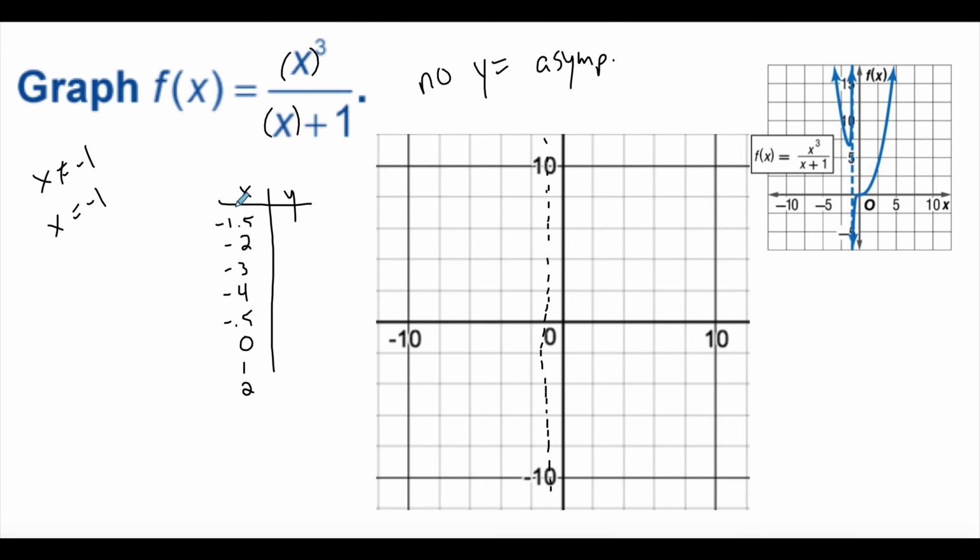Okay, so the values that I have are a 6.75 for the -1.5, and then the -2 I have an 8, the -3 I have a 13.5, the -4 I have a 21.33, and then the -0.5 I have a -0.25, the 0 I got a 0, that one should be easy. 1 I have a 0.5, and 2 I have a 2.67.